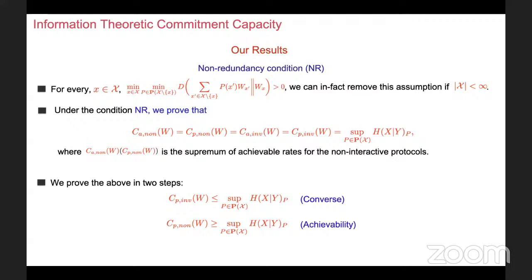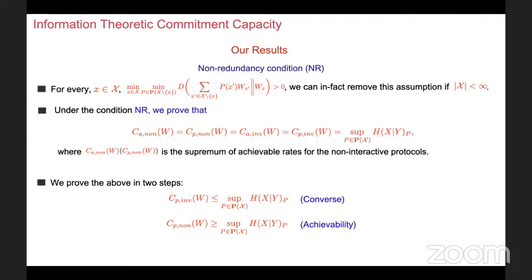So we arrive at our result in two steps. We first show that for invertible protocols, the capacity has an upper bound in terms of the conditional entropy. That is the converse. And then we show a protocol where the parties are not interacting.